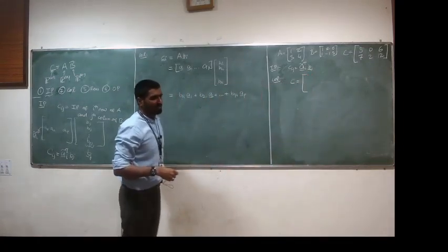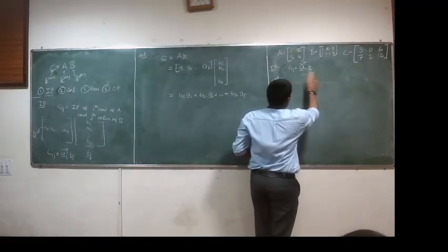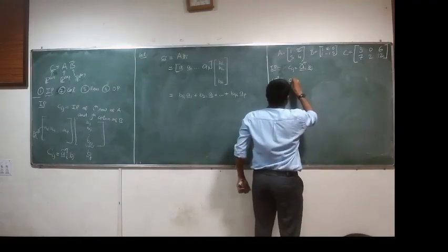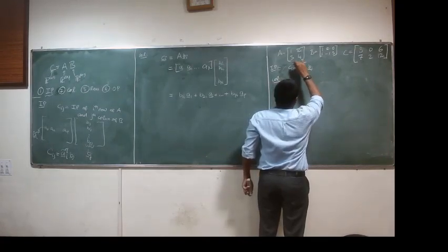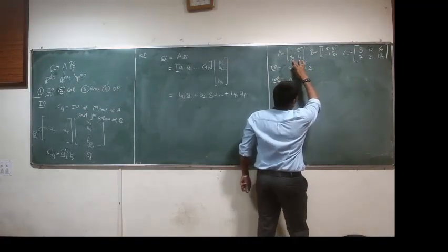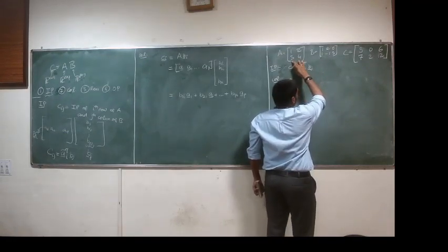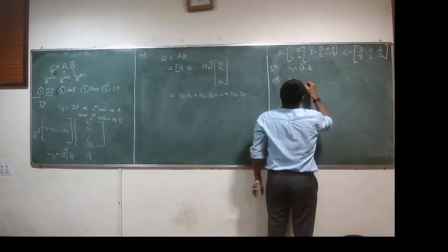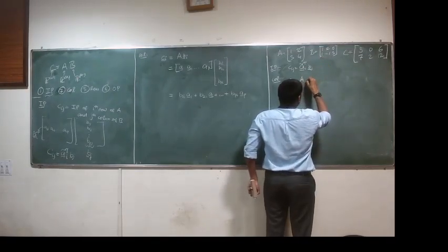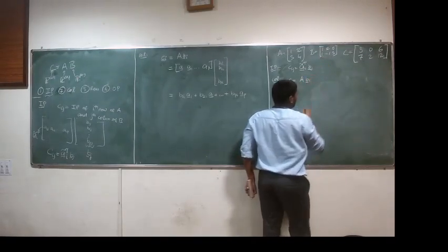Is it clear? Okay, let's see, we are talking about the first column of C, right? C1 should be a linear combination of the columns of A, and the exact mixture for the linear combination comes from the first column of B. That means this is simply A multiplied by B1.